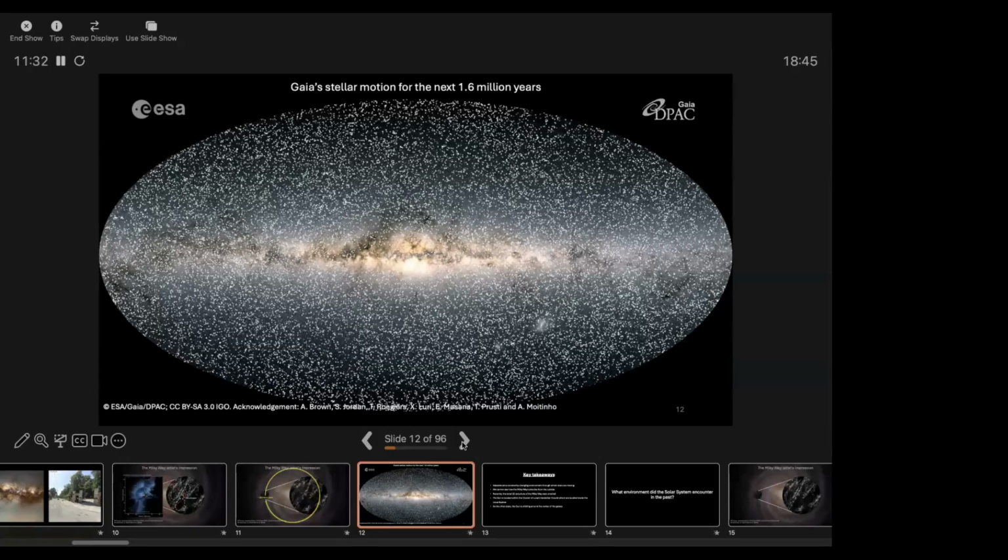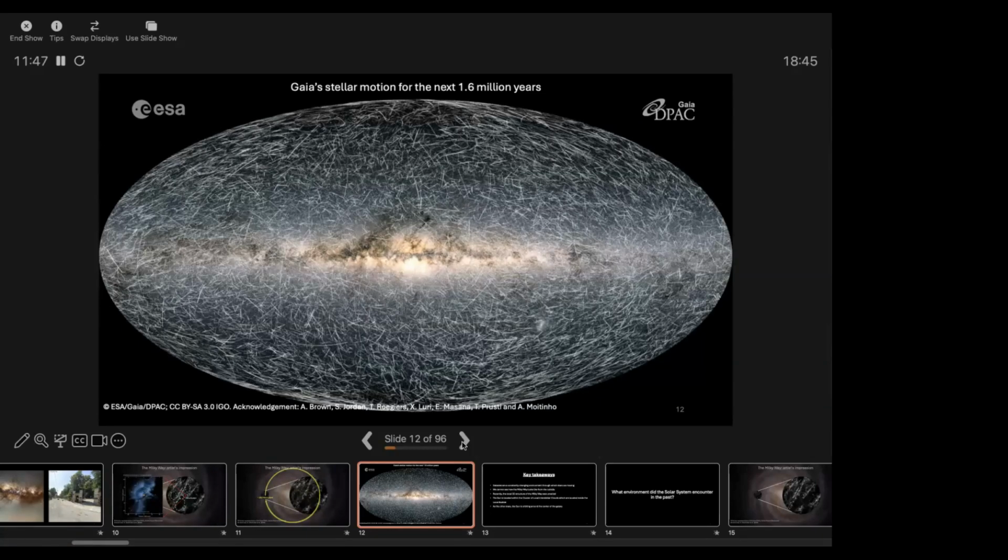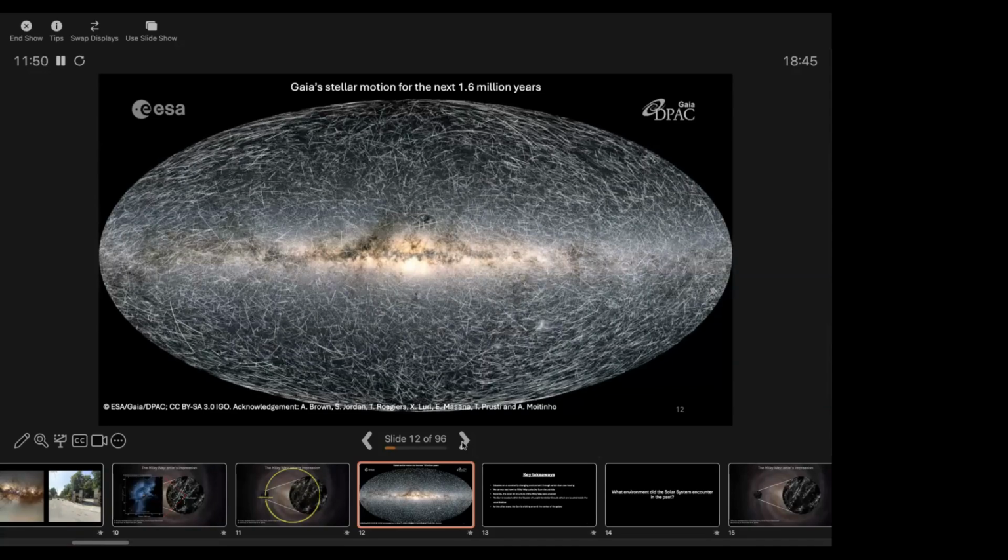But thanks to Gaia, the satellite that I told you about before, now we know the position of the stars and the velocity of the stars. And so we can know how they will move in the future and also in the past. This is the motion of the stars in the next 1.6 million years.